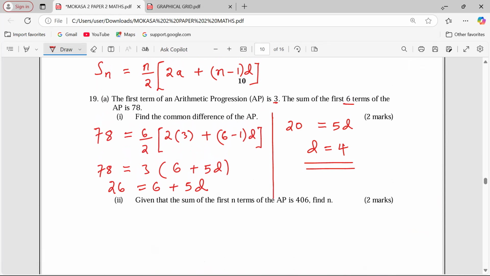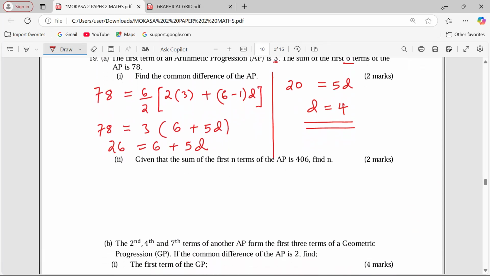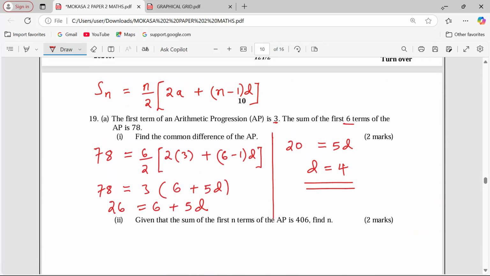The first term is 3, that one we know. Then, given that the sum of the first n terms of the AP is 406, find n. So we want to find the number of terms which give a sum of 406. The formula is already up there.